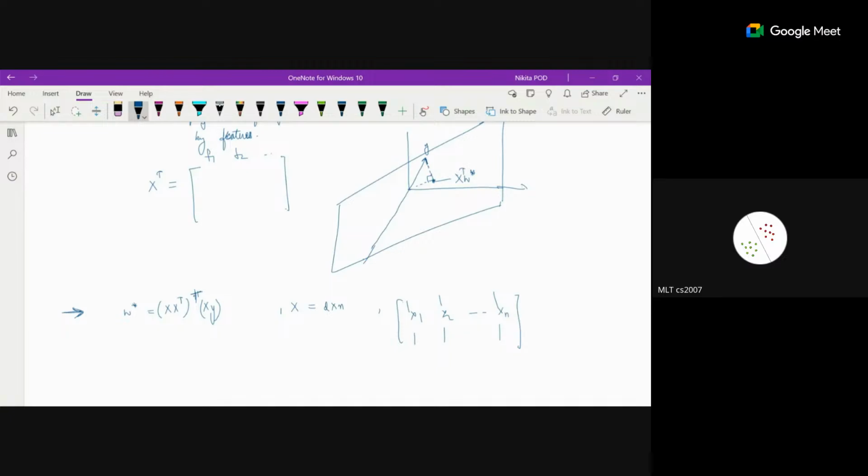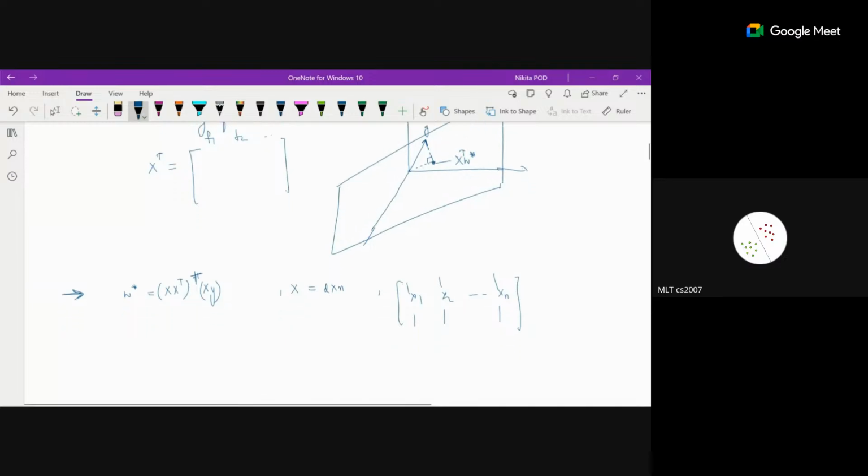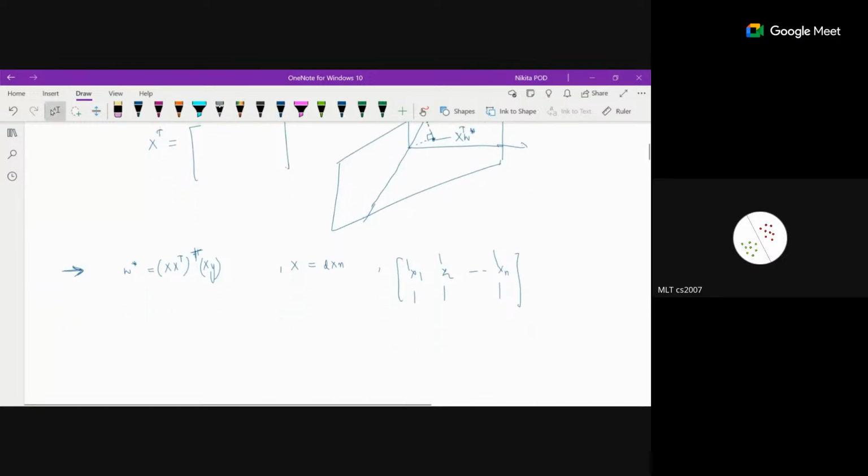To deal with this, we can use some optimization techniques. The optimization technique that we saw in the lecture is what we call gradient descent.